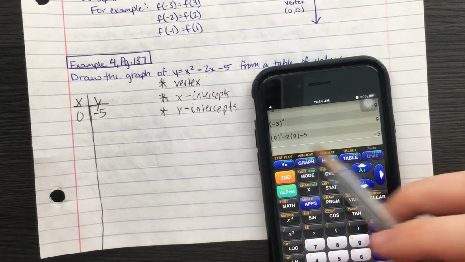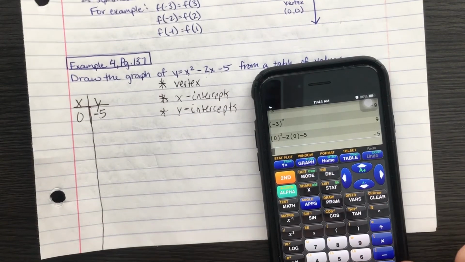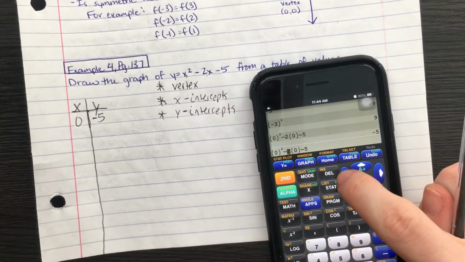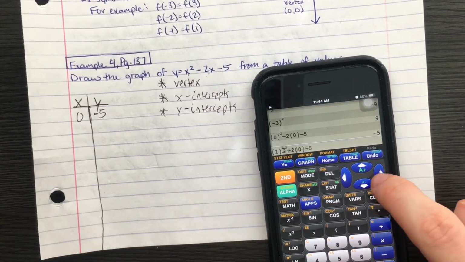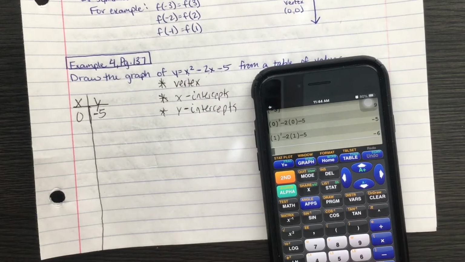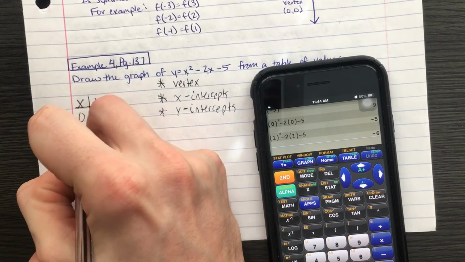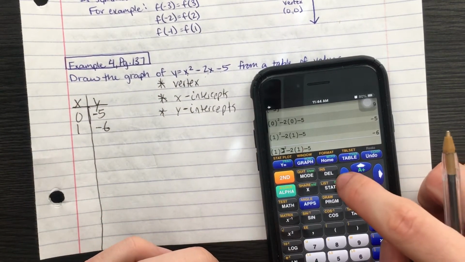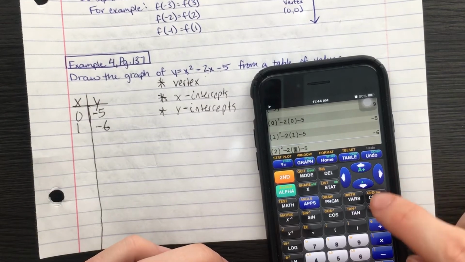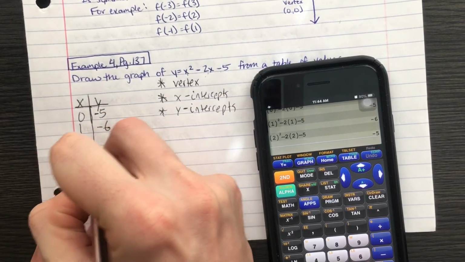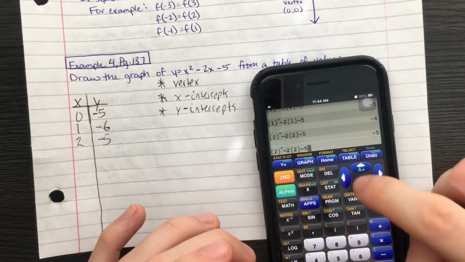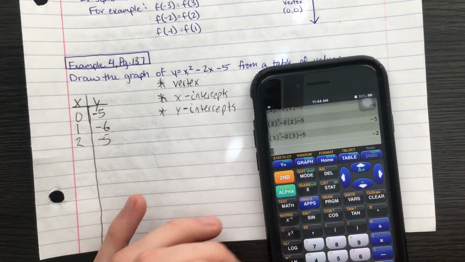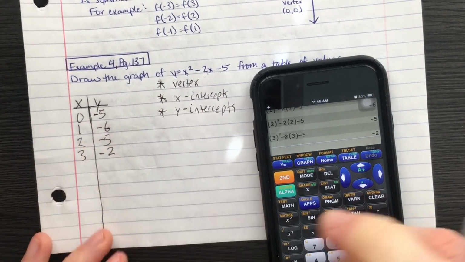If you enter something in the calculator and hit second and enter, it pulls up exactly what you just typed in. So if you have to evaluate some points, you can bring up your entry and just change the x value. If I do 1, that's negative 6. If I do 2, that's negative 5. If I do 3, that's negative 2.